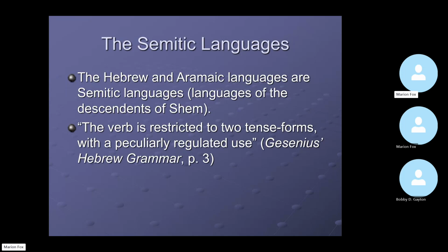I've not studied any Aramaic, but I understand it functions pretty much like the Hebrew. In Hebrew the verb is restricted to 2 tense forms with a peculiarly regulated use. We'll give a little bit of information about it, but we won't get into it in any great detail.